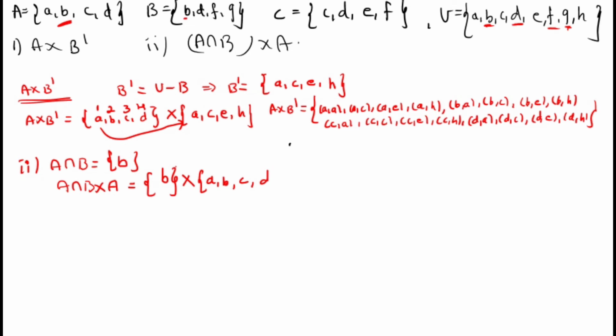How to find the cross product? You need to write all possible ordered pairs from set A intersection B to set A. That means you need to write the possible ordered pairs. First, see B with the first element, then B with the second element, B with third element, and B with the fourth element. If you combine, you will get (B, A), (B, B), (B, C), and (B, D).